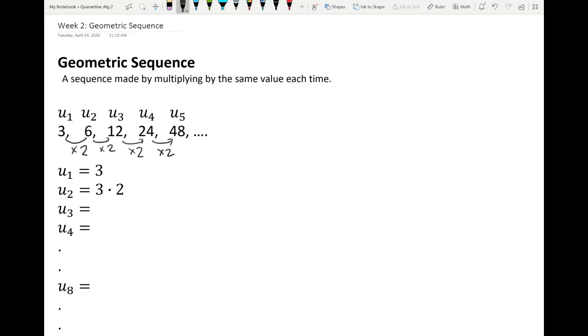Now let's try to figure out how to form a formula for geometric sequence. For this sequence, the first term is 3. To get to the second term, you multiply 3 by 2 to get to 6.